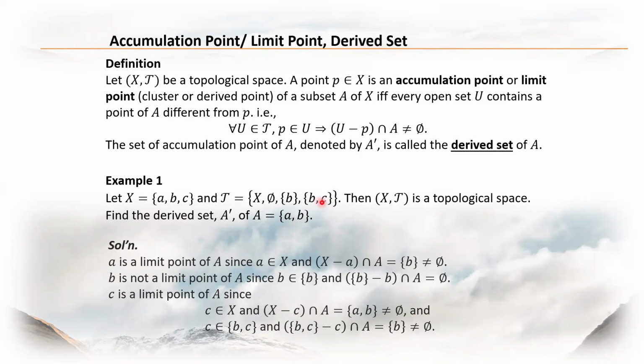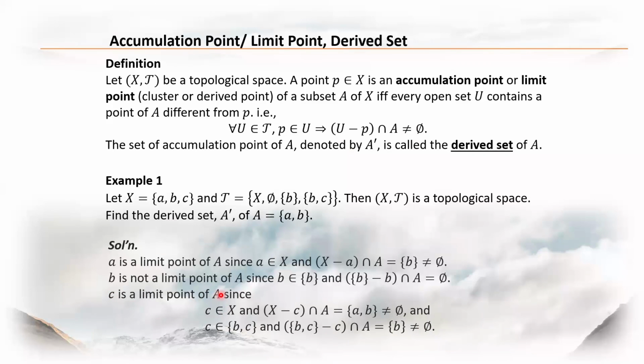The set with elements b and c, right? So c belongs to {b, c}, and {b, c} minus c is the set with b only. Intersect it with A, and the intersection is the set containing b, and this is not empty. So every set belonging to tau that contains c satisfies this property. Therefore, c is a limit point.